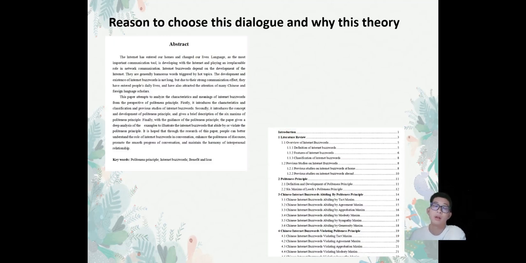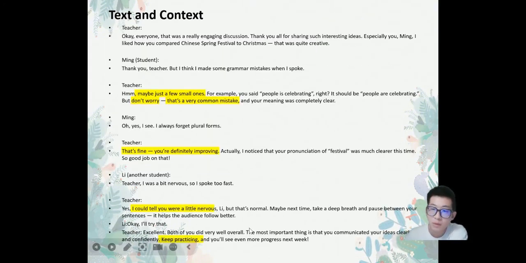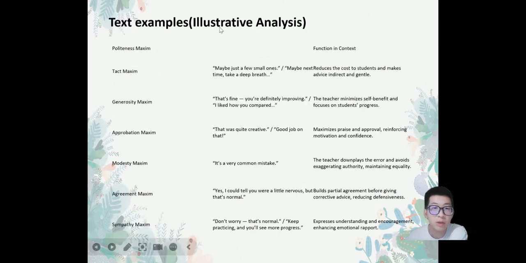And in the third part, I want to share why I chose this dialogue and this theory. The dialogue, as we can see, is not very long, but the highlighted parts are all in accordance with the Politeness Principle, 100%. So I think this dialogue is a perfect example to demonstrate this theory.